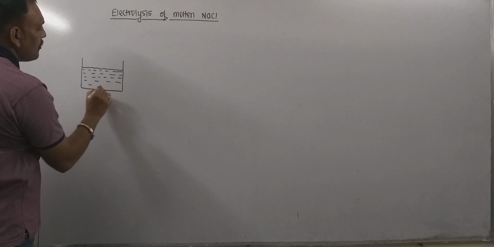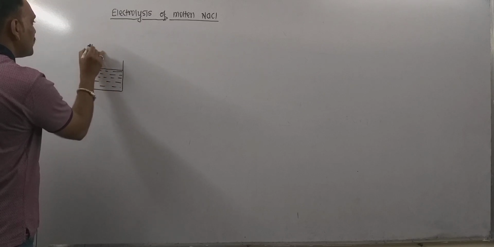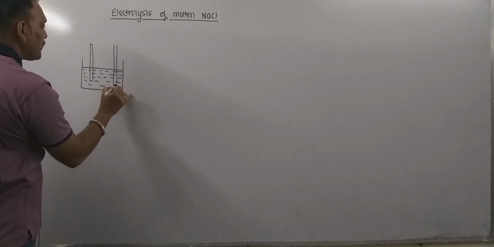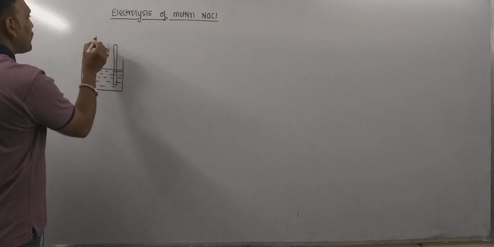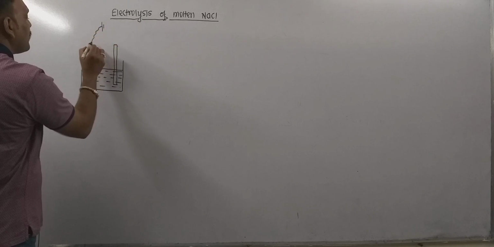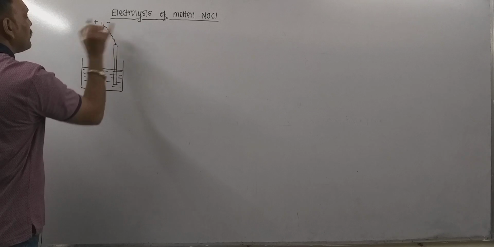So this is a molten NaCl solution, and graphite electrodes are immersed in this solution. Electrodes serve as electronic conductors, and these electrodes are connected to the cell or battery like this.